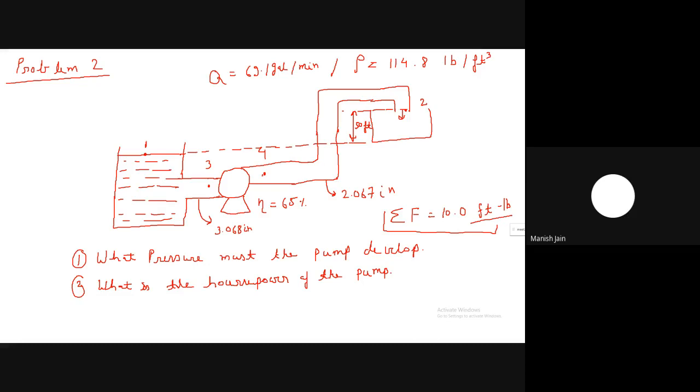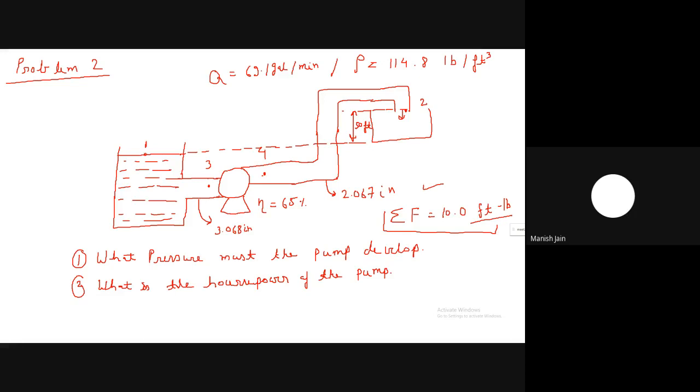So whenever the losses are given, just calculate the energy difference between the initial point and final point. The initial point is point 1, the final point is point 2. What is the energy difference?